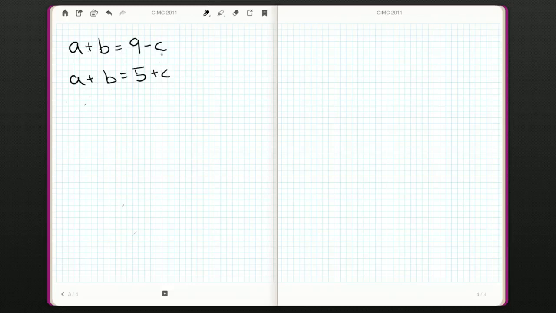If x is equal to y and y is equal to z, we know x is equal to z. It's a transitive property. 2 things that are equal to the same thing must themselves be equal. Okay? So 9 minus c is equal to a plus b.